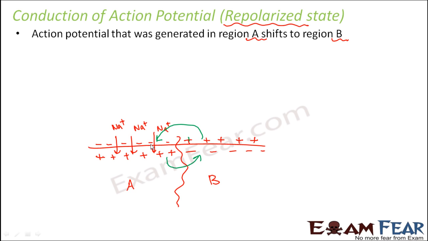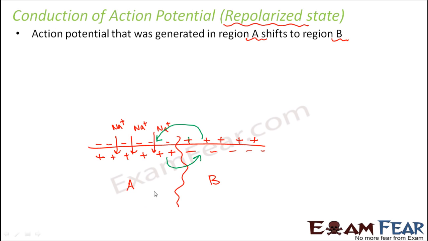Now, when this happens, the inner surface of B becomes positively charged and the outer surface of B becomes negatively charged. And what happens to the previous region A? It goes back to its polarized state, the first state, that is inside it will be negative and outside it will be positive.